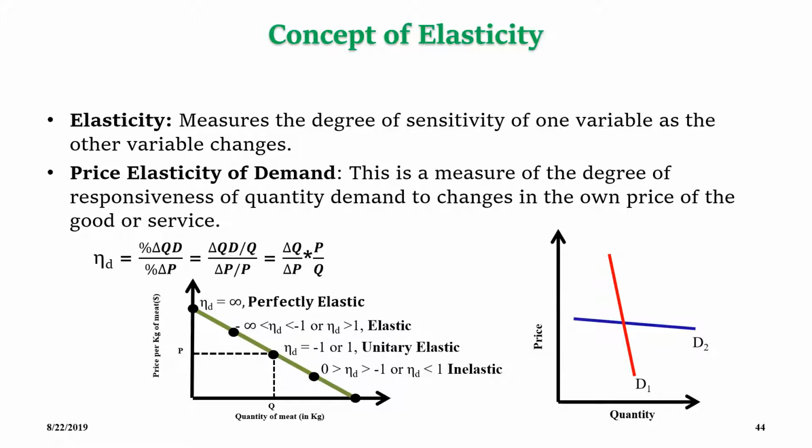Demand is inelastic if a change in price will lead to a less than proportionate change in the quantity demanded. In other words, demand is insensitive to price changes. And demand is elastic if demand is highly sensitive to price changes.